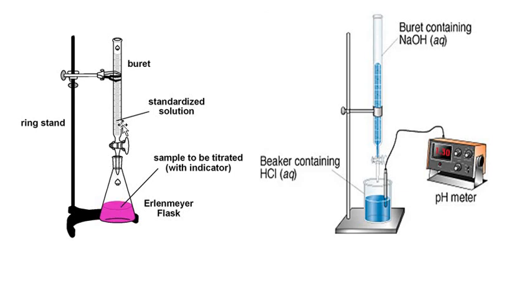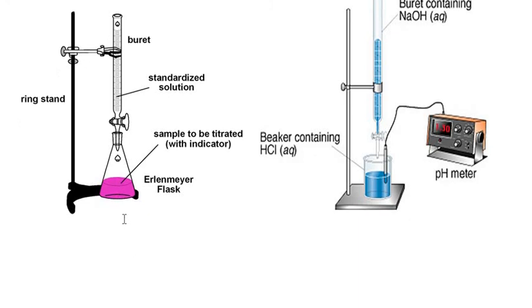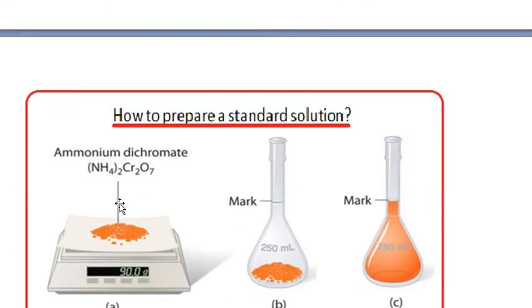A chemical reaction occurs between them, and indicator drops are put here to determine whether the reaction has ended or not. This is a burette, which is graduated from top to bottom, and this is a stand which supports the burette, and all of this is called the titration process.